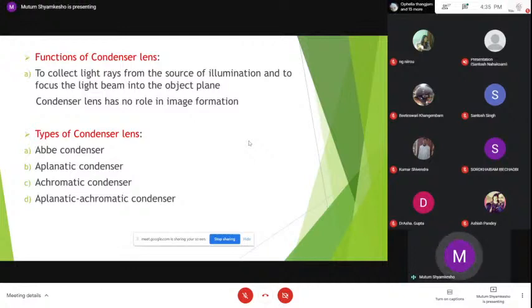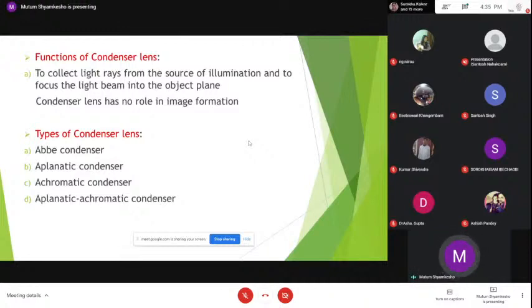The condenser lens does not have any role in image formation. However, the intensity of the illuminating light ray is controlled by the condenser lens.